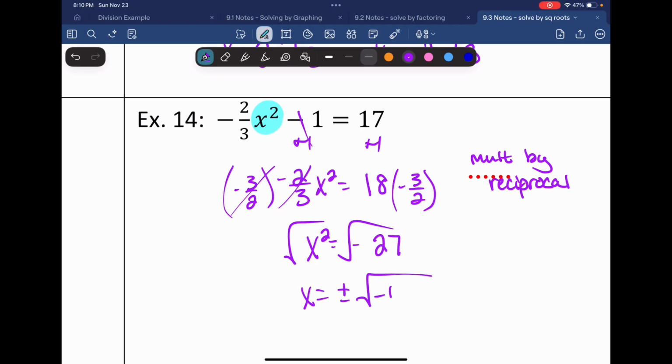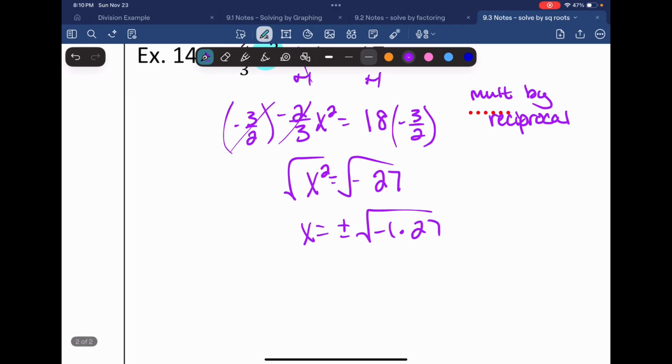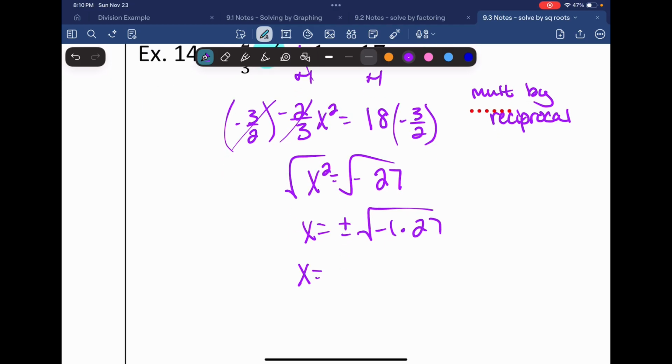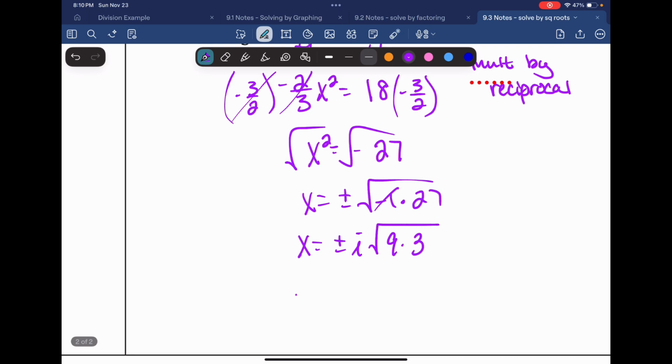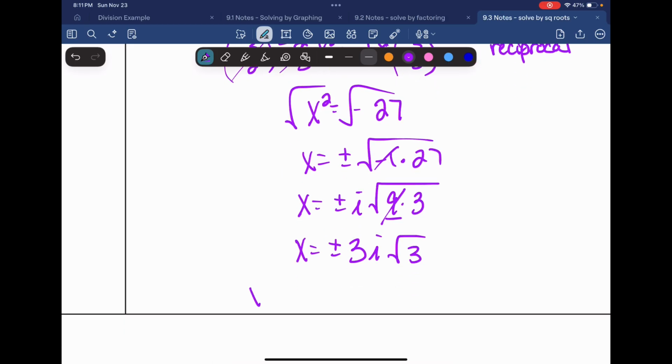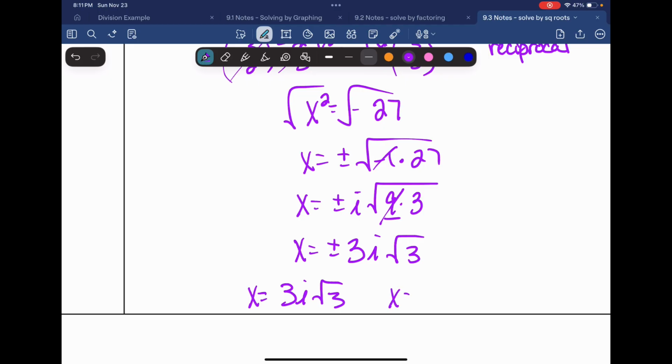Break it up, negative 1 and positive 27. Square root of negative 1 is i, and 27 can be broken up into 9 and 3. 9 is the largest square. Square root of 9 is 3. The other 3 stays underneath. So my two solutions are 3i root 3 and negative 3i root 3.